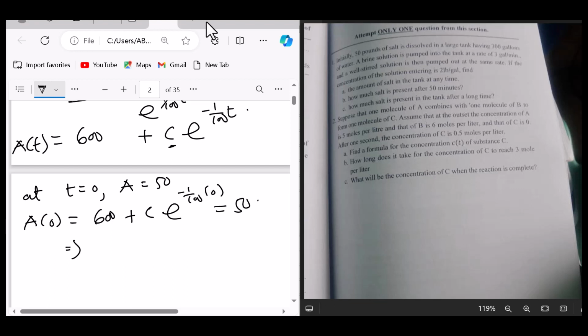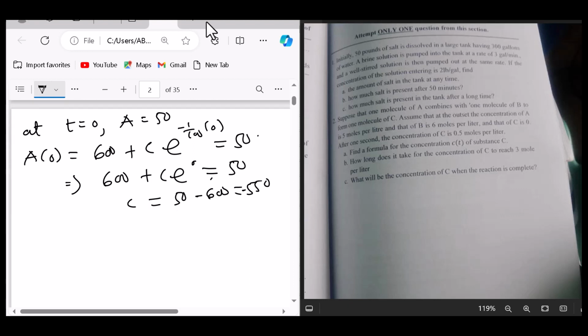This implies that 600 plus c e power 0 equals 50. So c is equal to 50 minus 600, which equals negative 550. Therefore our a of t is equal to 600 minus 550 e power negative 1 over 100 t.